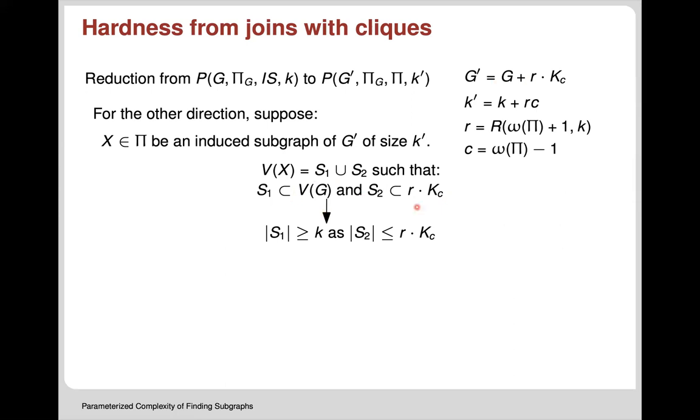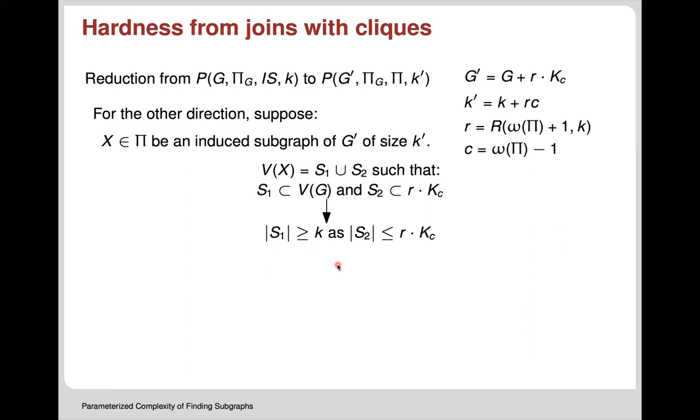They cannot intersect, and it can be easily seen that the size of S1 is at least k, because even if you have the whole disjoint union of cliques in your X, it should be R times C here. So the size of S2 can be at most R times C, and because X has size k prime, we know that S1 has to have size at least k.